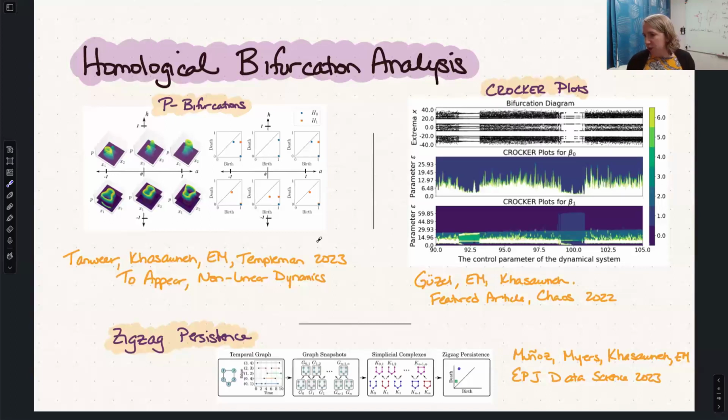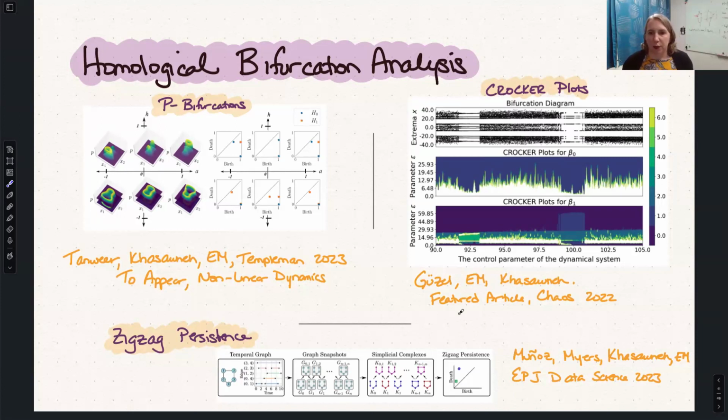So just to give you a general sense of where I've been thinking about these sorts of things, we've been interested in a general idea of homological bifurcation analysis. This is not normal bifurcation analysis in the traditional dynamical systems sense, but how do you take the things we can measure with TDA tools and say something about what's changing in your underlying dynamical system.